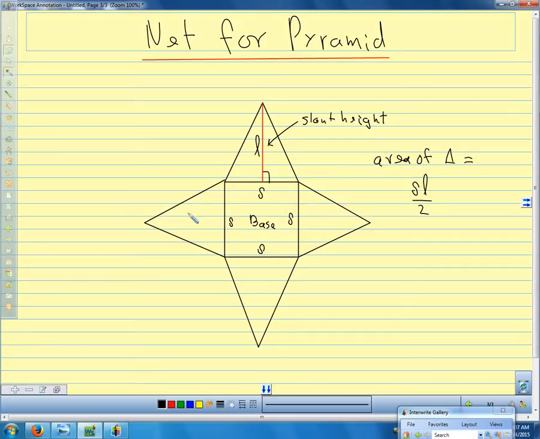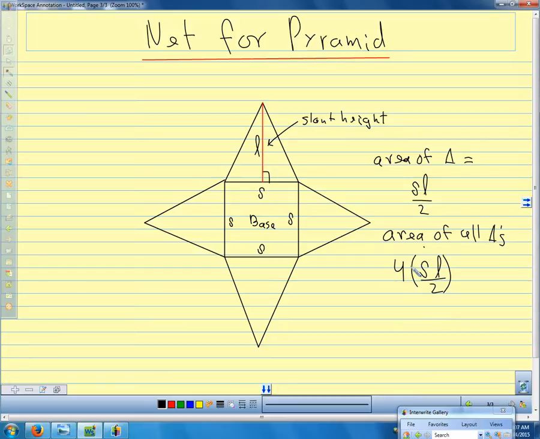The lateral area, the area of all the triangles: how many of them do we have? They're all the same, right? 4 of them. 4 times S times L divided by 2.